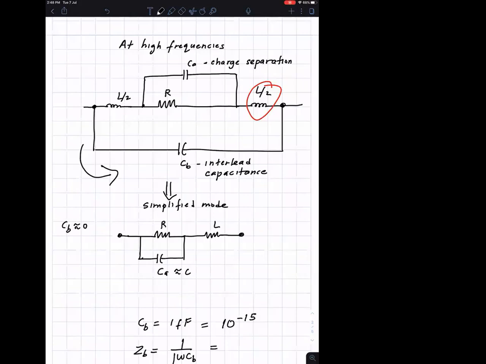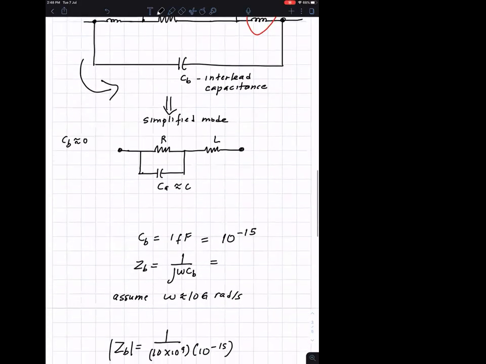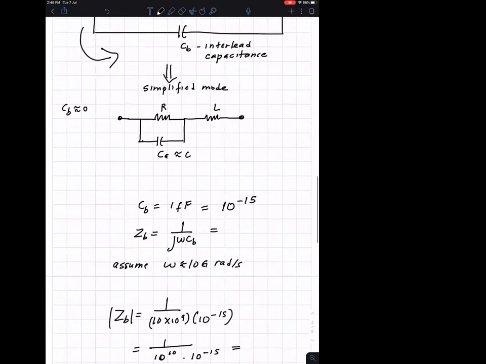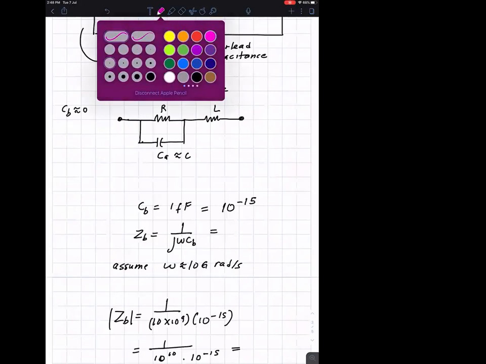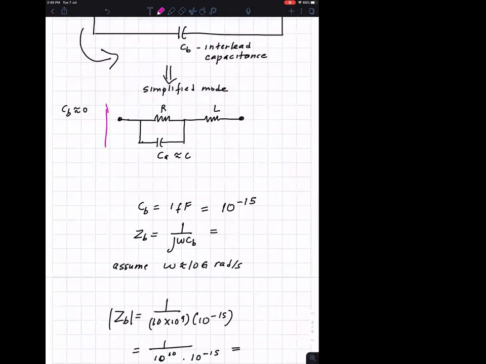Okay, if this is the case, then this model here is sufficient for my analysis, correct? Yes, sir.